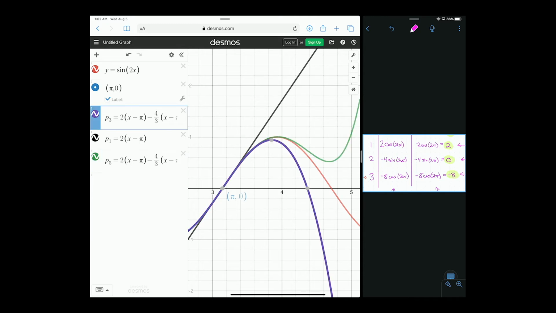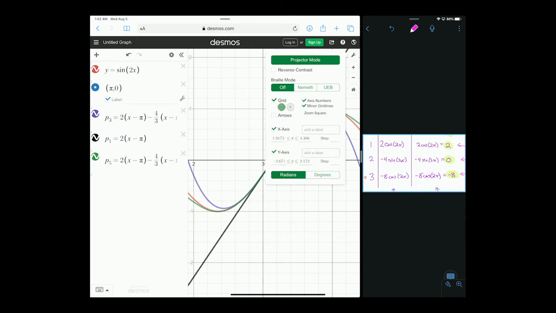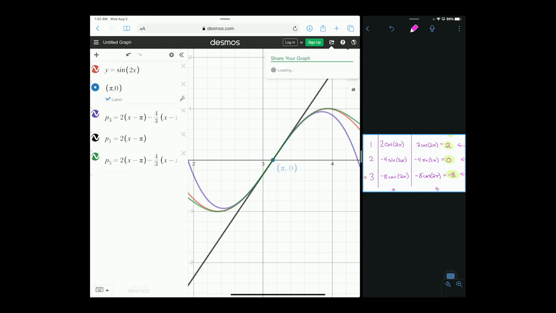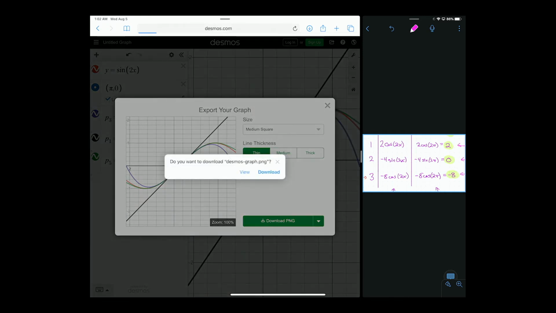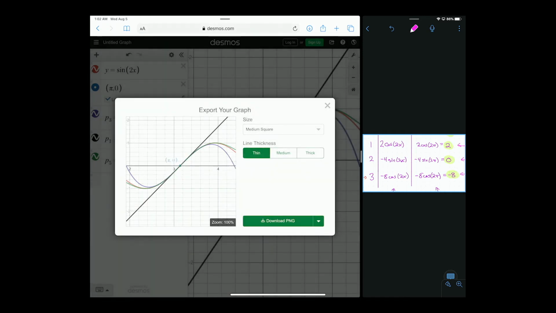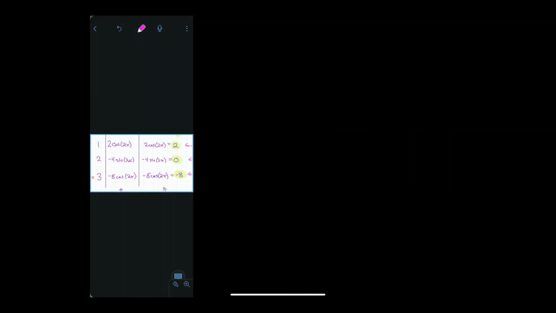Okay, so maybe let's take this graph and put it in our picture here. How would I do that? Export image. Hey, that looks good. Download. Okay, so let's do a couple things here. Number one, wait for this to load.